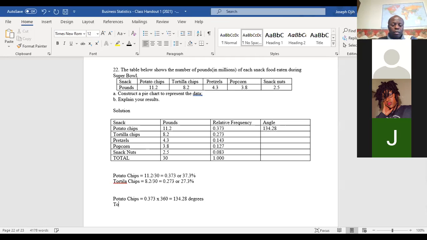Now for tortilla chips, the relative frequency is 0.273, times 360 degrees.